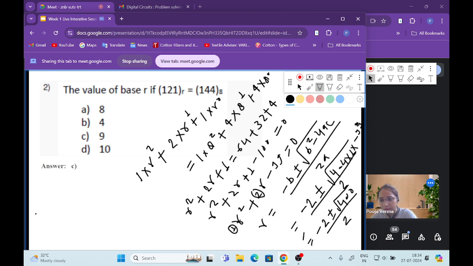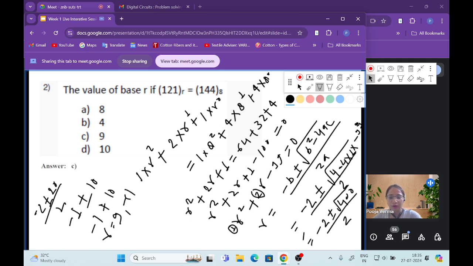Okay, so minus 2 plus minus root of 400 is 20, divided by 2. So if you solve it further, minus 1 plus minus 10. So if first you take plus, you will get 9. If you take minus 10, you will get minus 11.